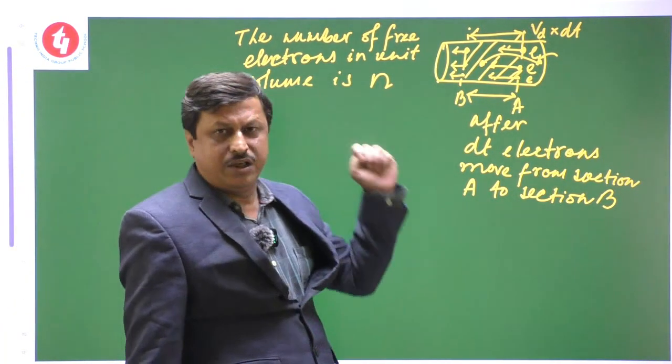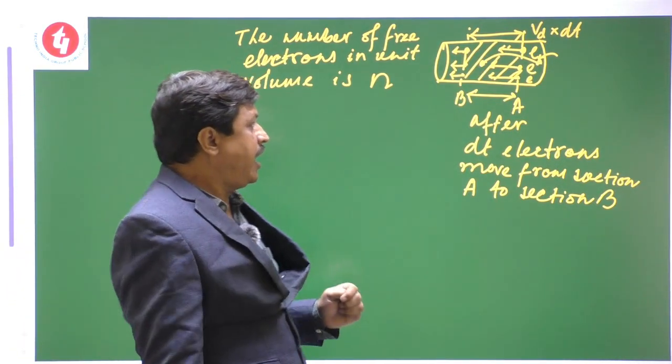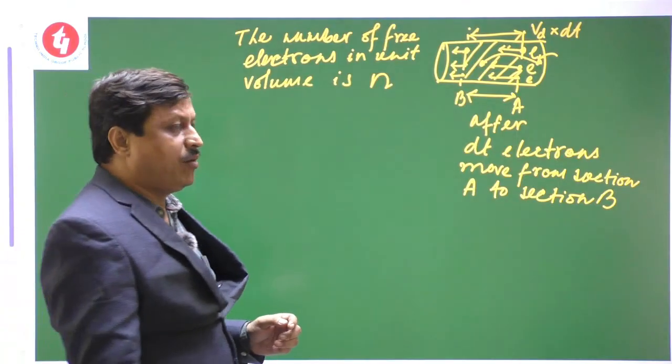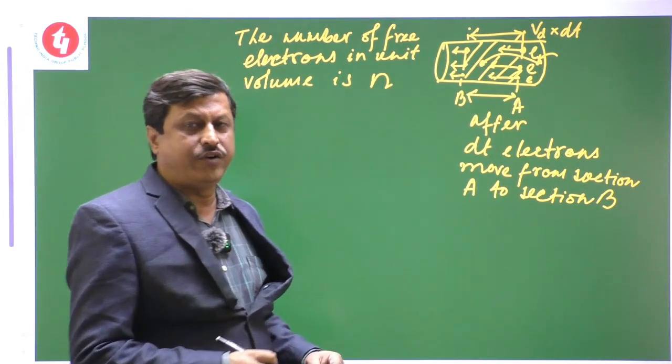This is called free electron density, the number of free electrons present in unit volume.